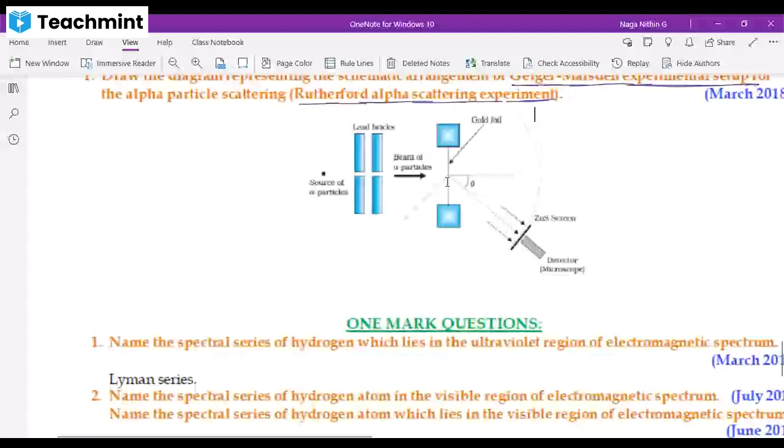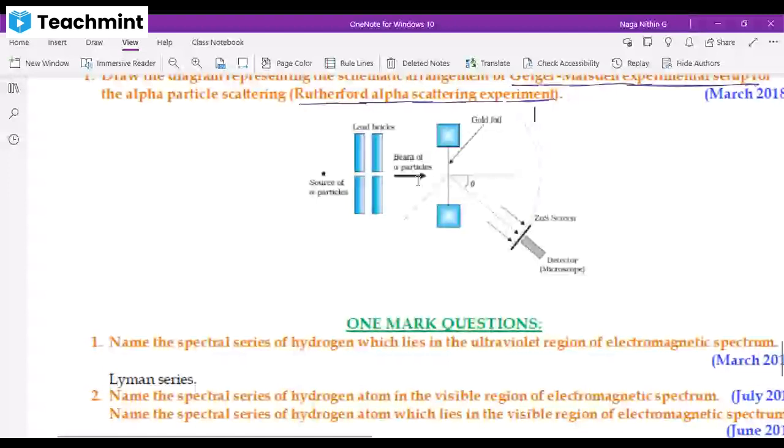Then some are scattered. Those are incident on the zinc sulfide screen. Here a microscope is there. We observe that scattered radiation on the screen with the help of the microscope. This will be the gold foil. These are scattered rays incident on the zinc sulfide screen. This will be the detector or microscope. These are lead bricks, source of alpha particles, beam of alpha particles.